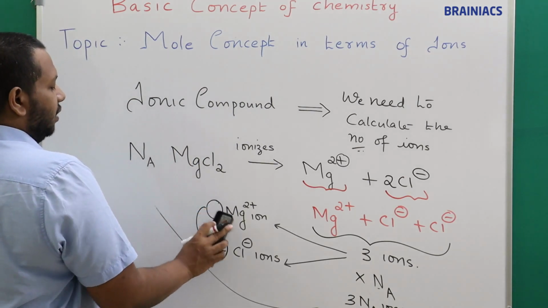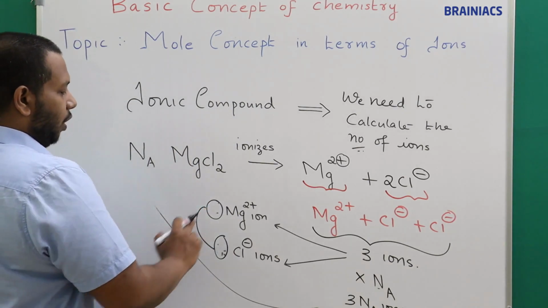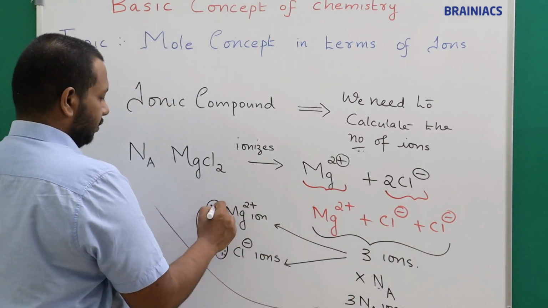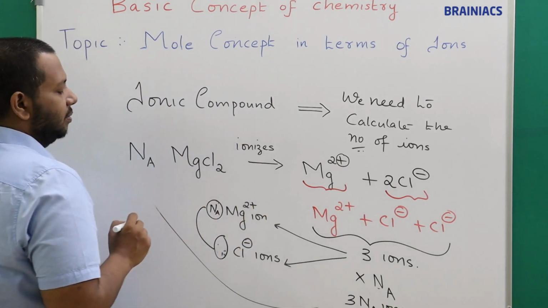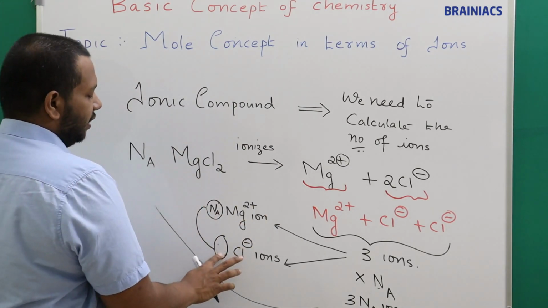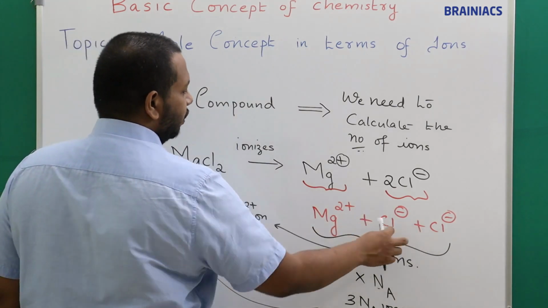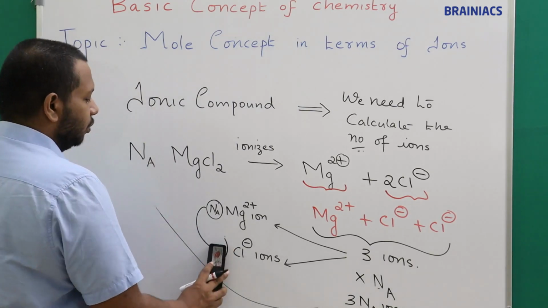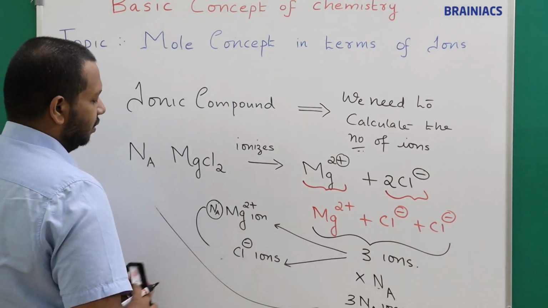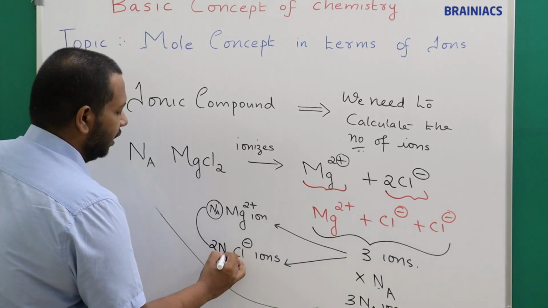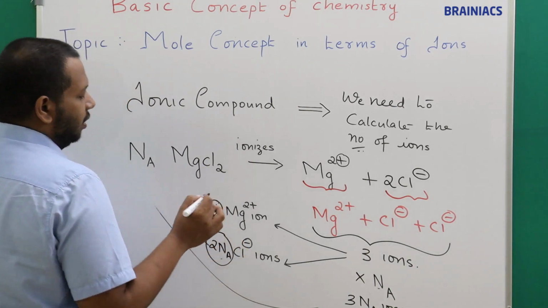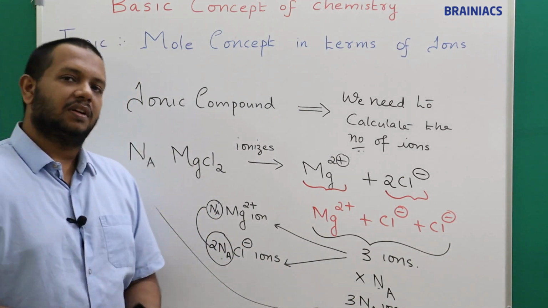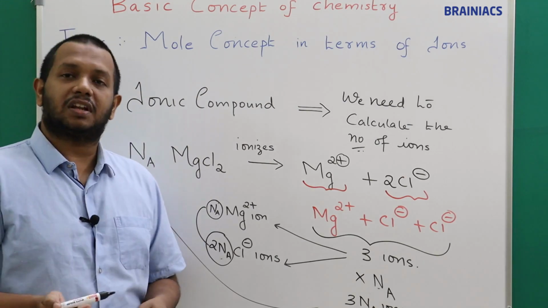In the first one, 1 should be multiplied by Na, so Na magnesium Mg2+ ions will be generated, and here for 1 it was 2, so 2 into Na, it will become 2 Na. So totally 2 Na plus Na, that is 3 Na ions. Understood?